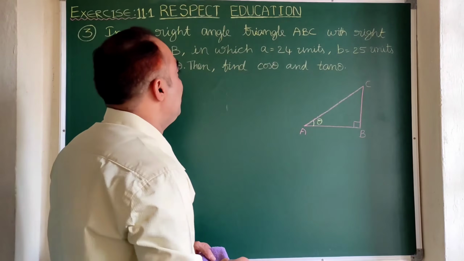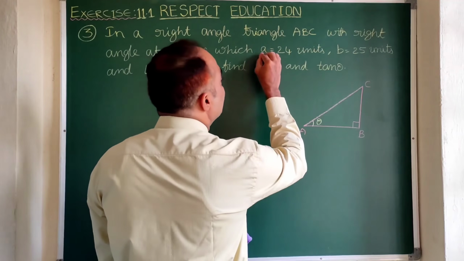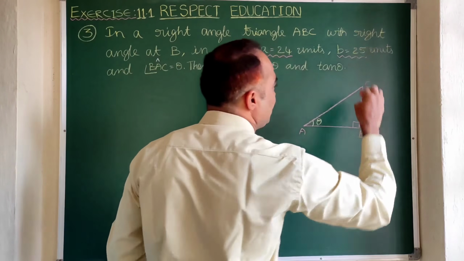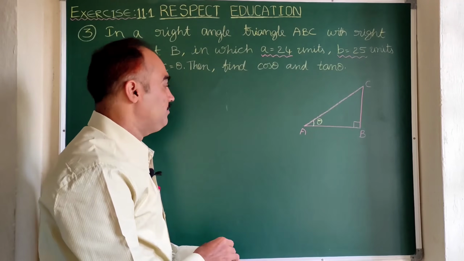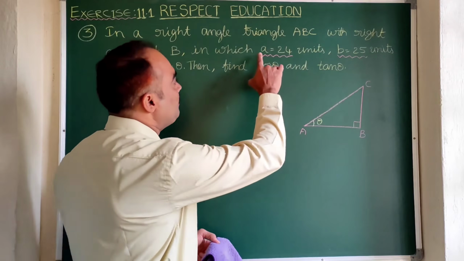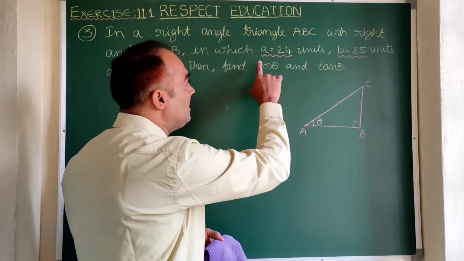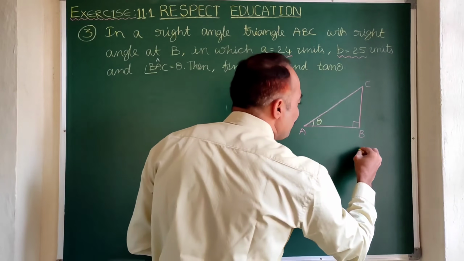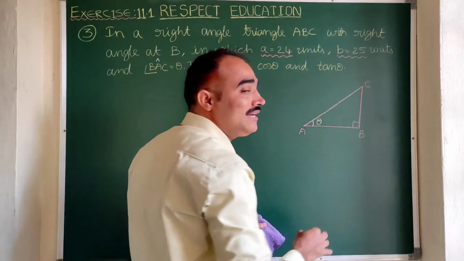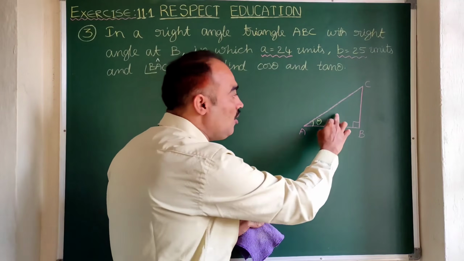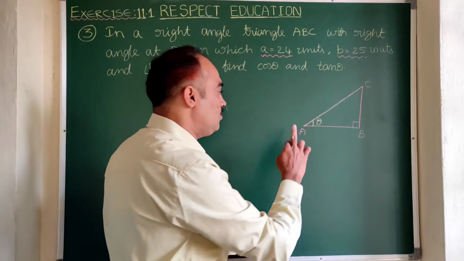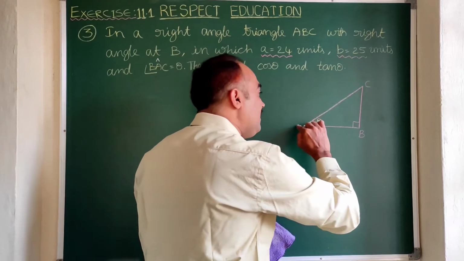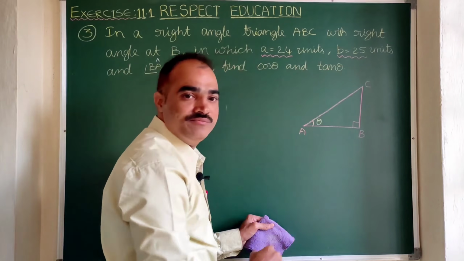Now here you observe carefully, small a is equal to 24 units and small b equal to 25 units. What is the meaning of small a and small b here? In a triangle, how many vertices are there? 3 vertices. Those are A, B and C. If I say AC, whom did I leave?